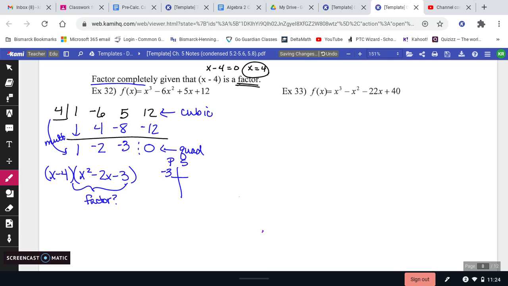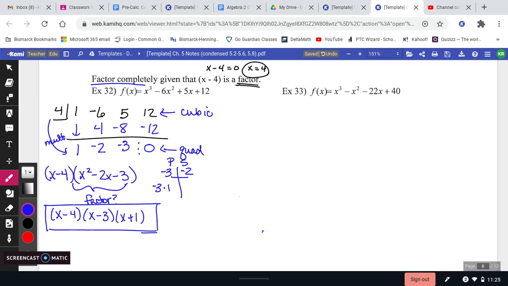So product of negative 3, sum of negative 2. Okay, I found my product sum numbers. So this is going to factor x minus 3 and x plus 1. So here is that completely factored form of that original cubic.